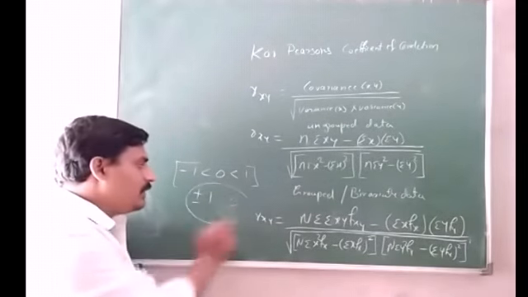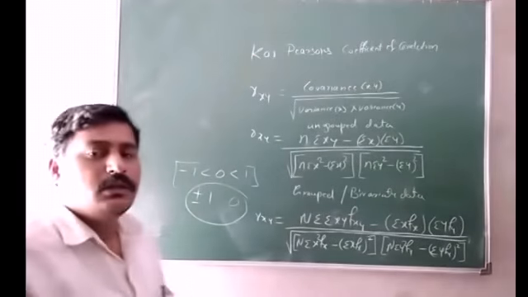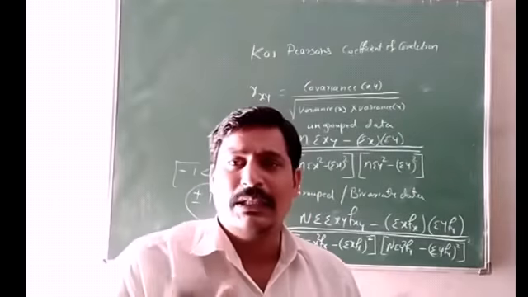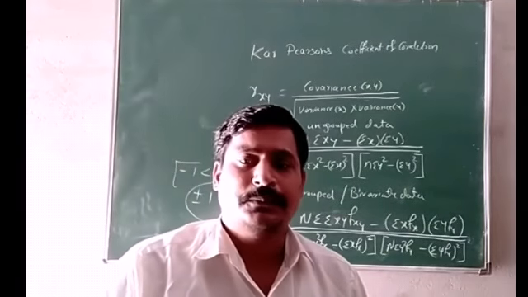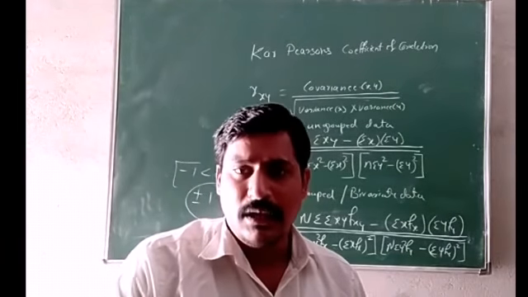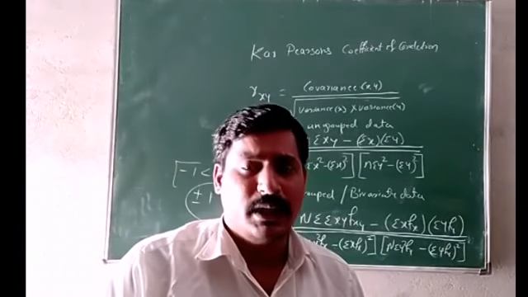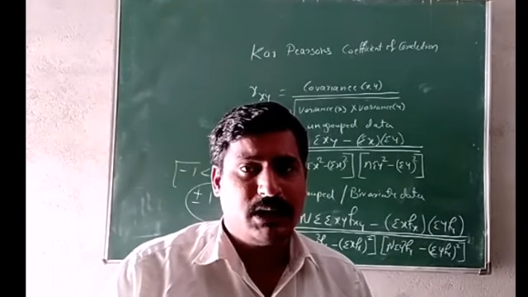In between these two values we get correlation. If you get an answer more than 1, that means the calculation is wrong. In no situation do we get an answer more than 1. Numerically, we get an answer less than or equal to 1.